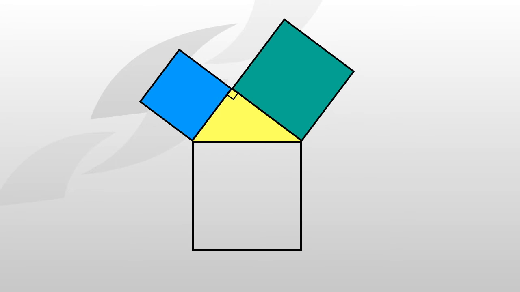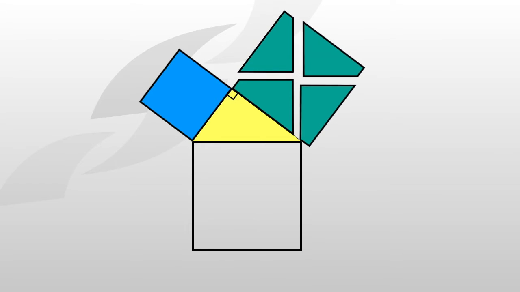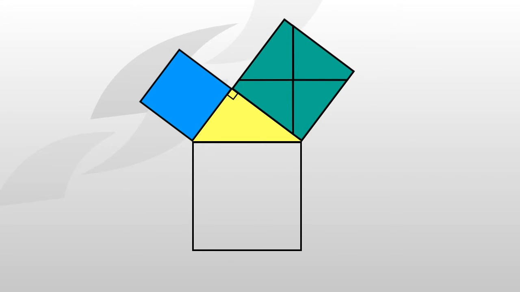First, let's divide up the green square into congruent parts. Congruent means that they have the same size and same shape. Now let's move these pieces into the largest square.